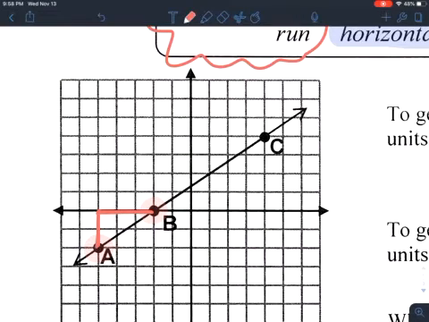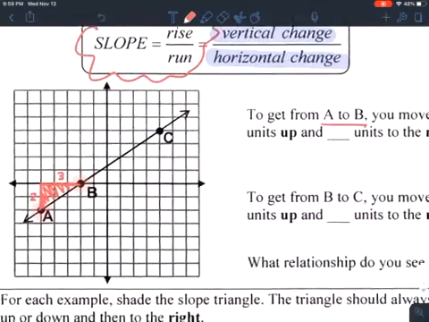And then what's nice about this is you can say, okay, here's my slope triangle. My total vertical change is 2 units because between point A and the horizontal line is 2 units. And then my total horizontal change is 3 units. So I went 3 units to the right. And that's how we're going to fill in these blanks.